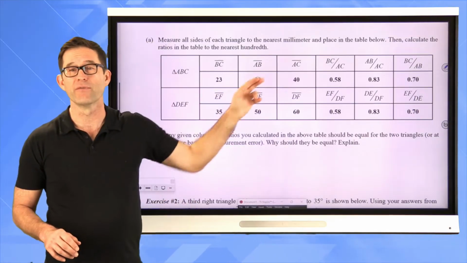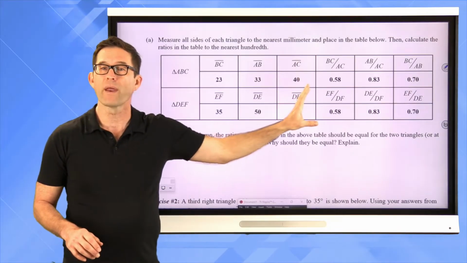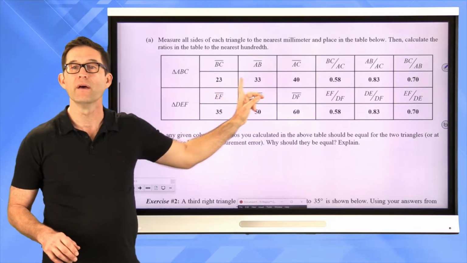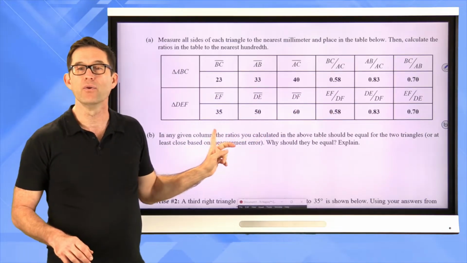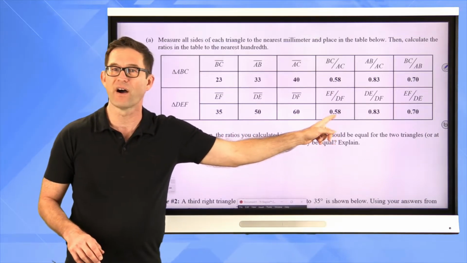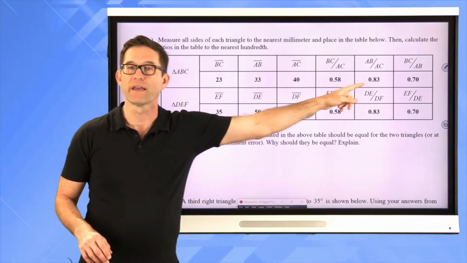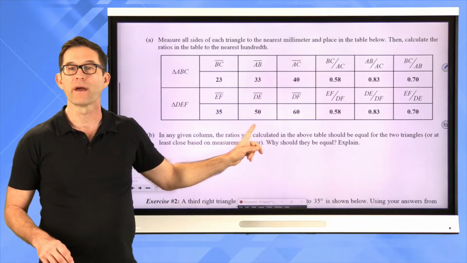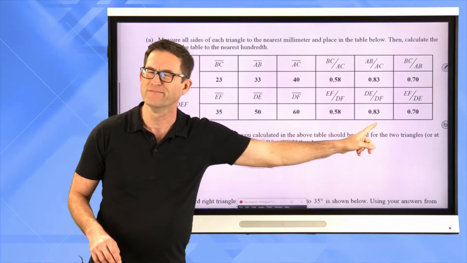Now, once I put those into my table, I get the following. The 23, 33, 40, the 35, 50, and the 60, those were just those measurements. But when I do 23 divided by 40, I get 0.58. And when I do 35 divided by 60, I get 0.58. When I do 33 divided by 40, I get 0.83. And when I do 50 divided by 60, I get 0.83.